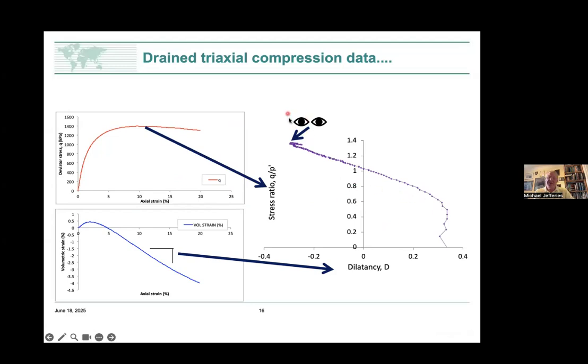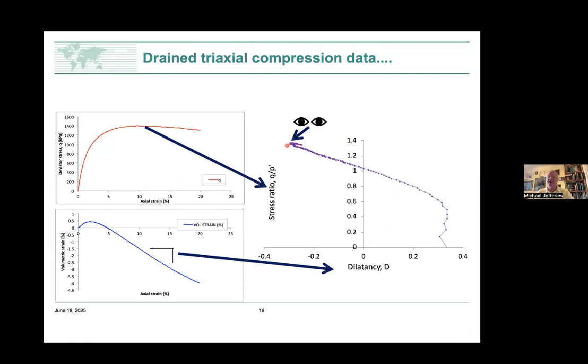And the reason I put these eyes on here is you then need to look at that data and decide where the peak strength and the minimum dilatancy occurs. And it's minimum dilatancy because we have a compression positive convention. So D max, or maximum dilatancy, is actually the minimum value of D.